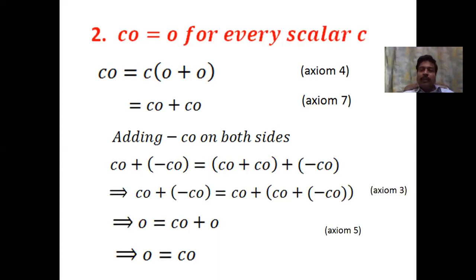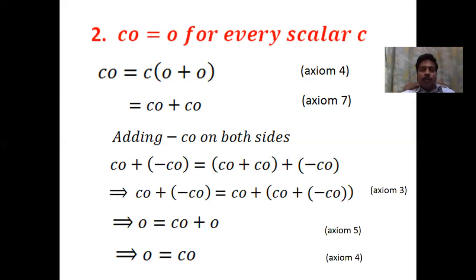It depends on the other vectors and the system, of course. But multiplying with a scalar means you are adding repeatedly. Even after adding repeatedly, you will get the same 0 vector in the answer. So that is the property here.